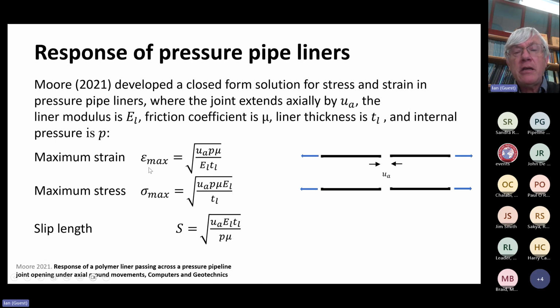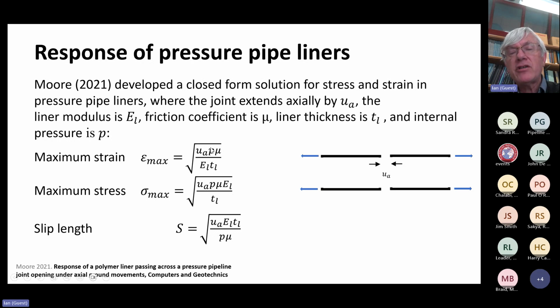What we find is that the maximum strain we'll get in the pressure pipe liner is a function of the opening distance, u_a, the amount by which this joint or crack opens under the ground motion, the internal pressure applied in this water pipe, the friction coefficient between the liner and the host pipe, and the modulus and thickness of the liner.